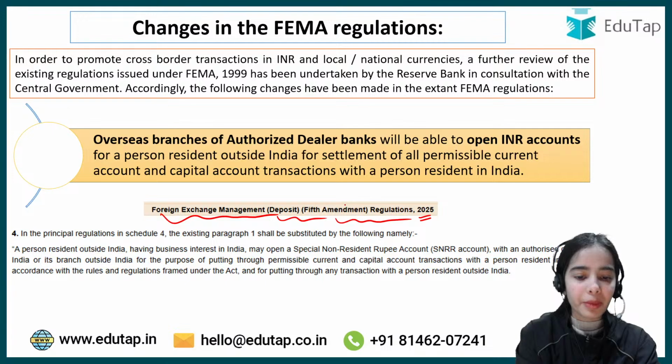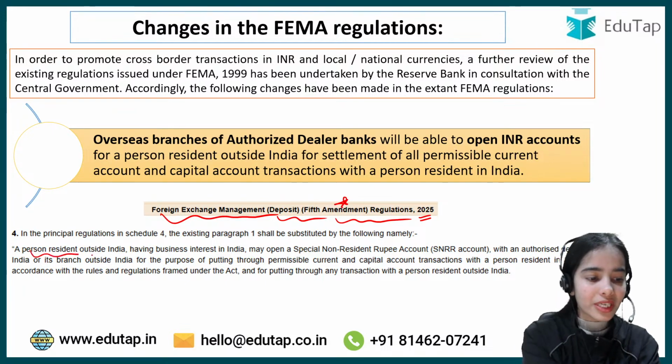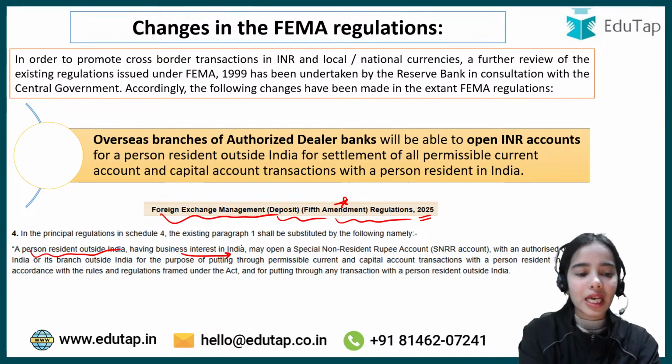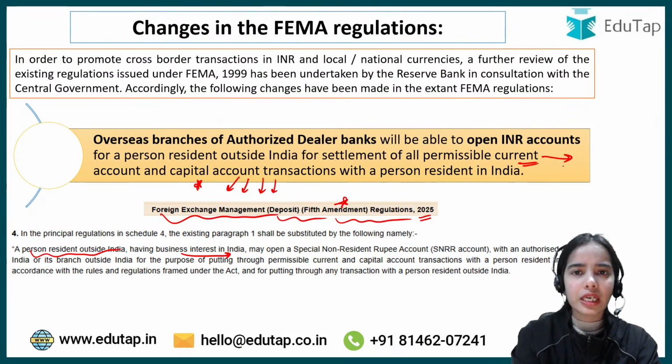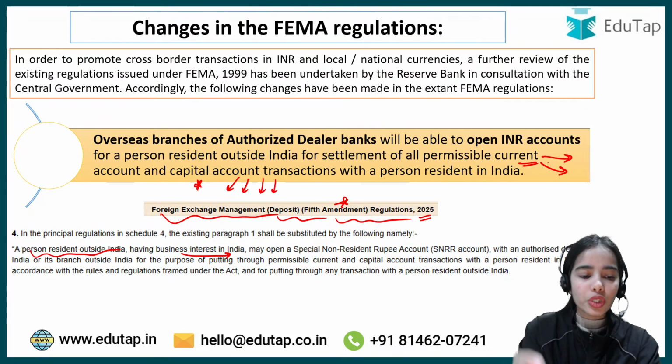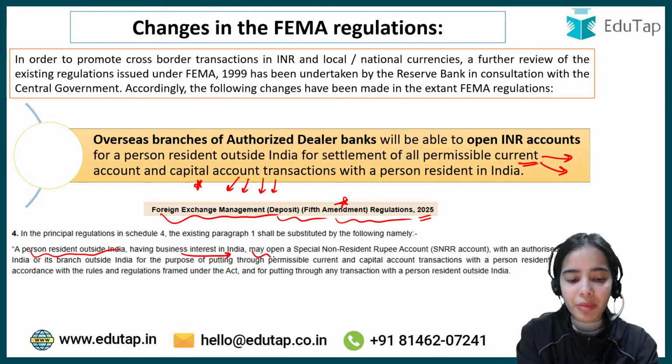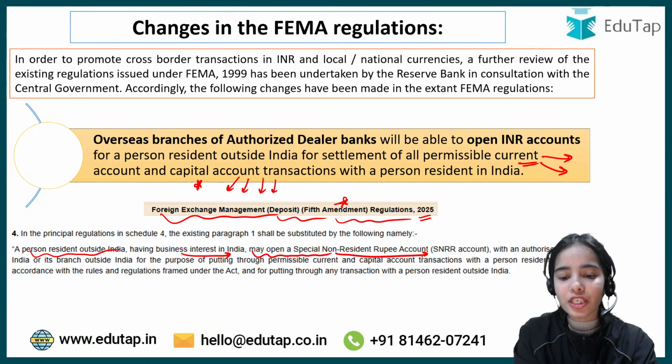As per the amendment, a person resident outside India having business interest in India, that means they are doing some capital account transaction like FDI, foreign portfolio investment, or they are borrowing from India, or lending to India, or doing trade with India, or remittances to India, they may open a special non-resident rupee account.